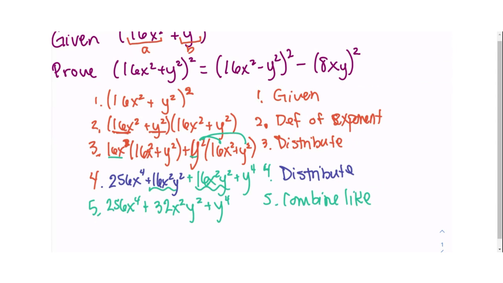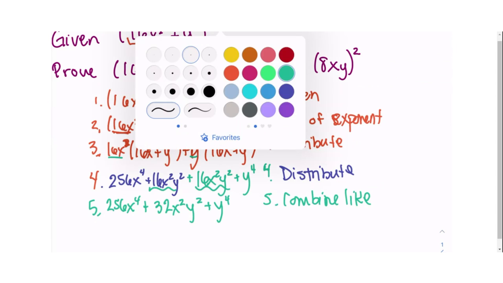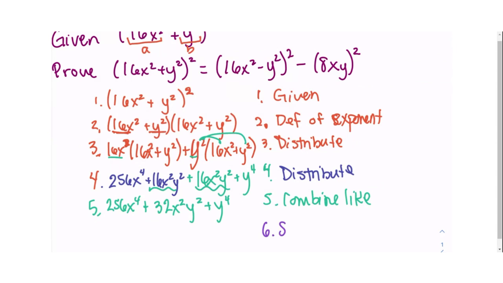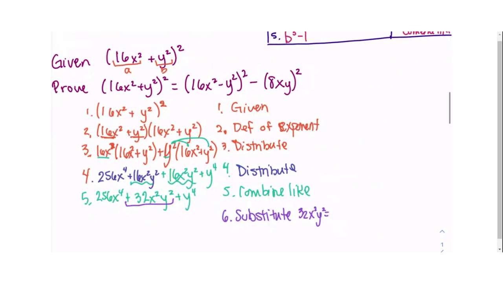I'm going to change this color so we can see it's a different step. So step 6, I'm going to substitute. Instead of 32x squared y squared, I'm going to call it 64x squared y squared subtract 32x squared y squared.